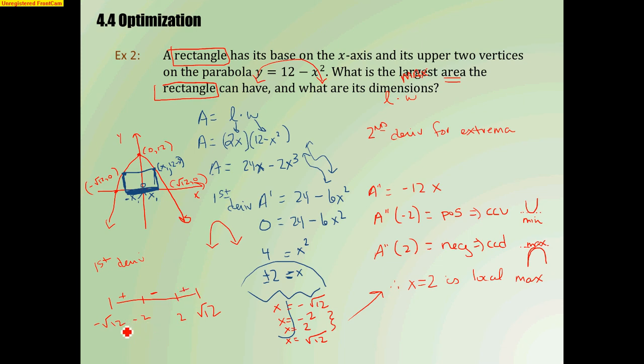Double check me on that. So -1 is here, after -2, and that's where I was positive. Below -2, like -3, so -3 squared is 9, -6 times 9 is -54, plus 24, so I'm negative.